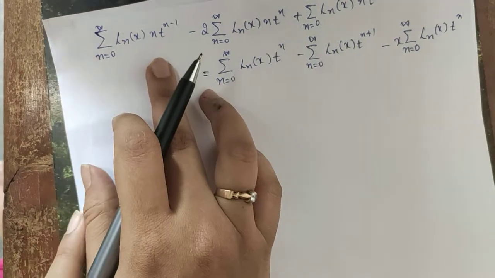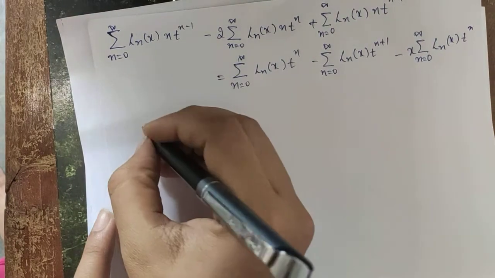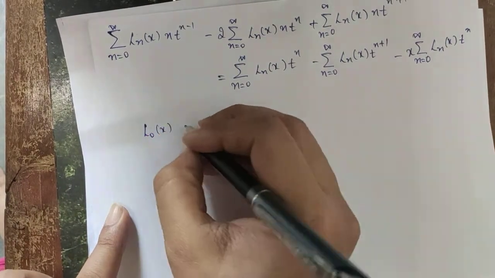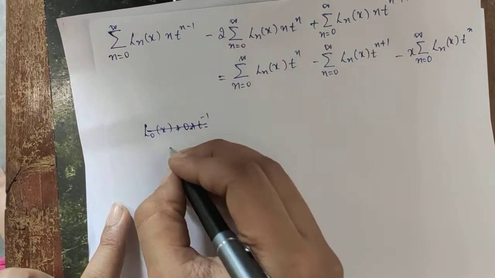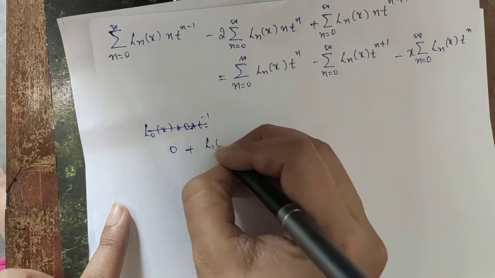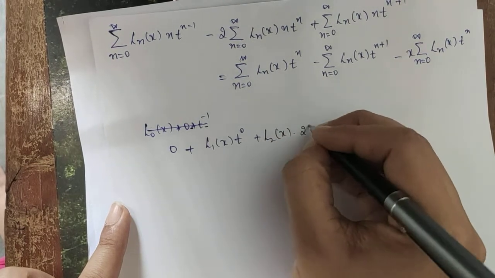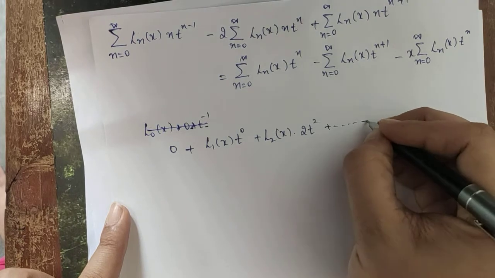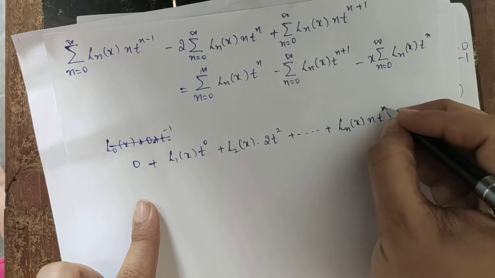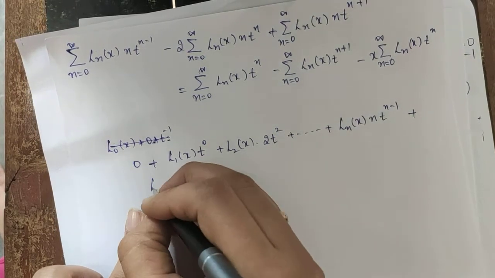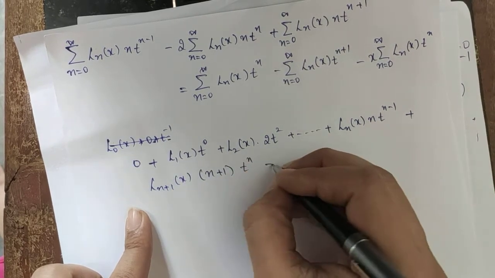If you expand the summation, you can write the first term as L_0 of x into 0 into t power minus 1. 0 into anything is 0, plus L_1 of x into t power 0, plus L_2 of x into 2 into t square, plus so on, plus L_n of x into n into t power n minus 1, plus L_(n+1) of x into n plus 1 into t power n, plus so on.